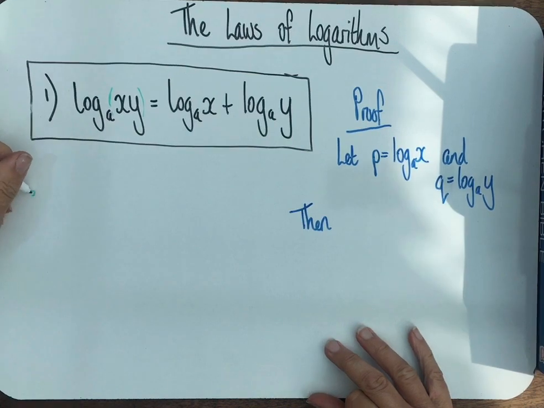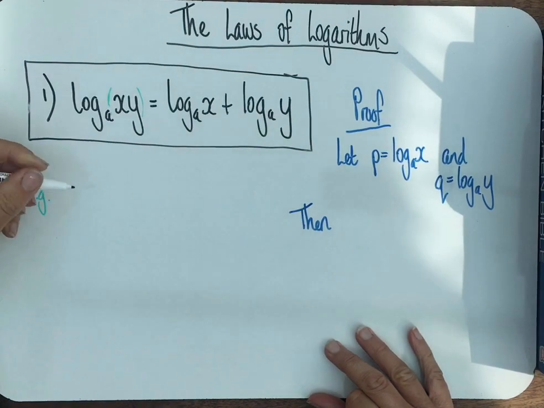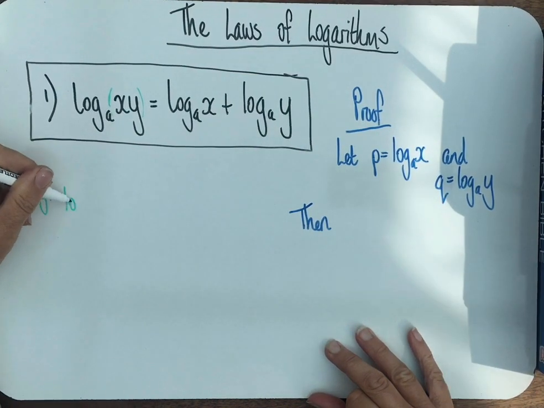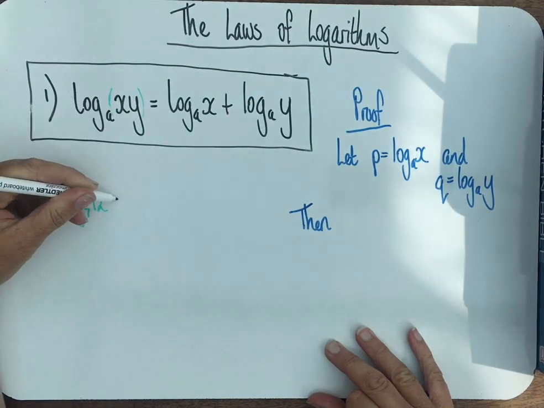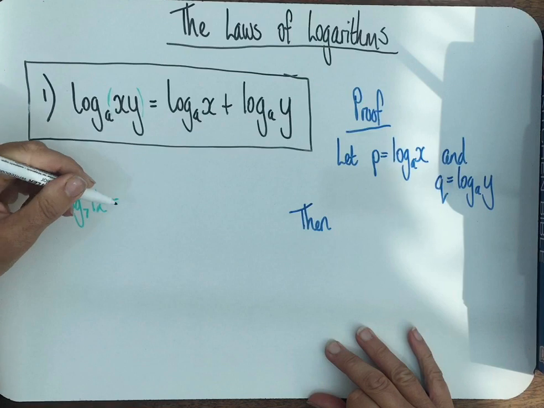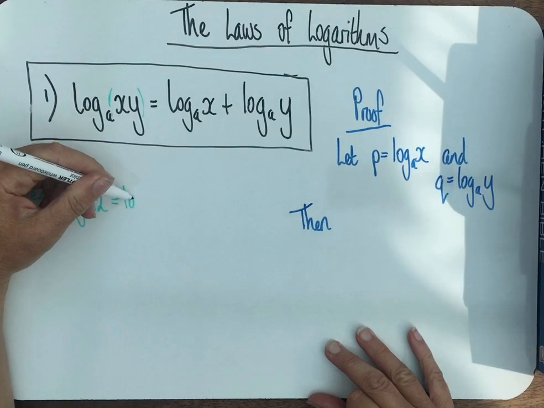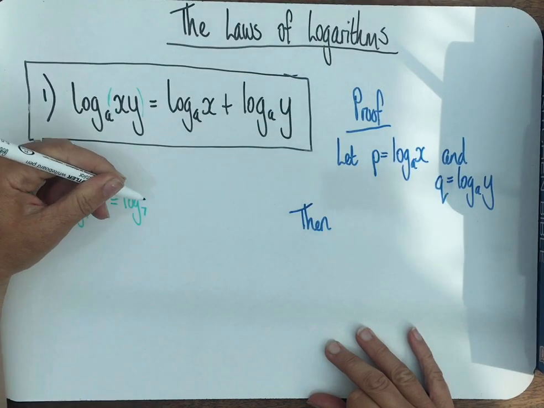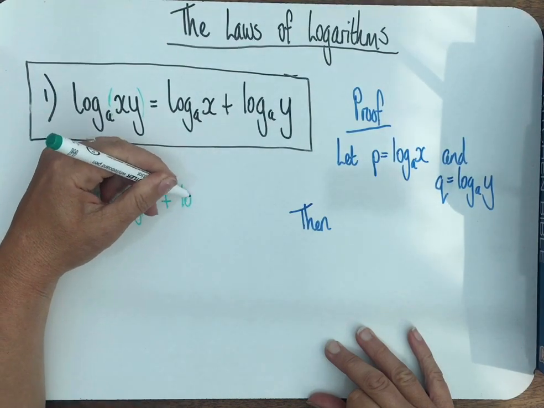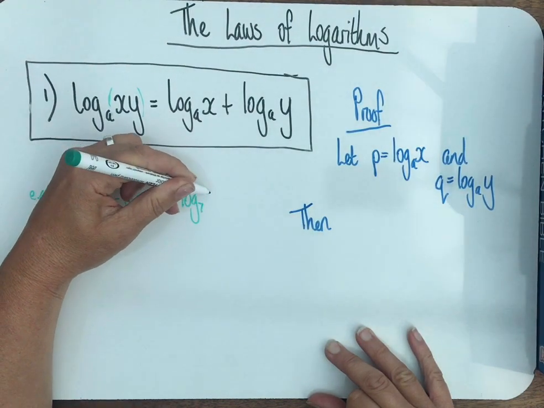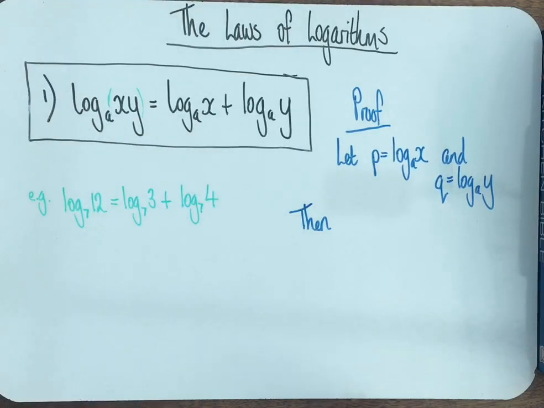So e.g., if you have log to the base 7 of 12, 12 is 3 times 4, so that's the same as log to the base 7 of 3 plus log to the base 7 of 4.